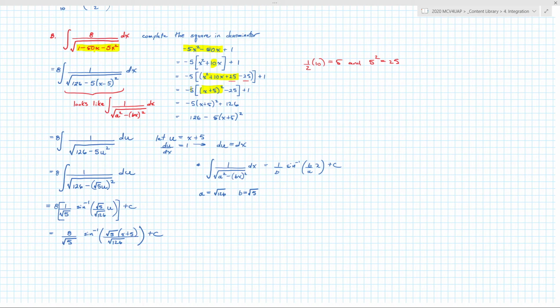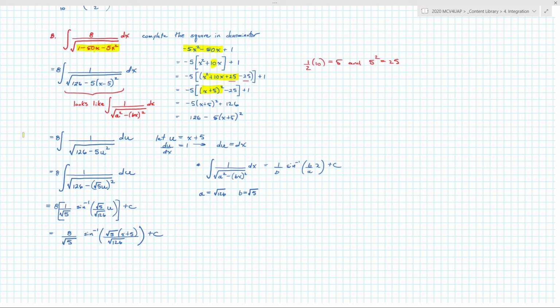So to get it outside, I need to multiply that negative 25 by the negative 5 that's outside the square bracket. So negative 5 times negative 25 is 125. And when I add 1 to it, I get 126.